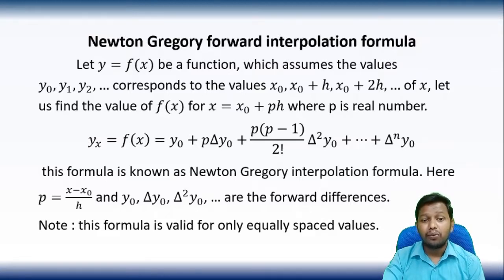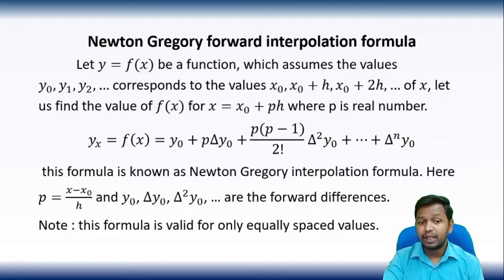Then y x, nothing but f of x, equals y0 plus p into delta y0 plus p into p minus 1 divided by 2 factorial into delta square y0 plus and so on, delta to the power n y0. This formula is known as the Newton-Gregory interpolation formula.